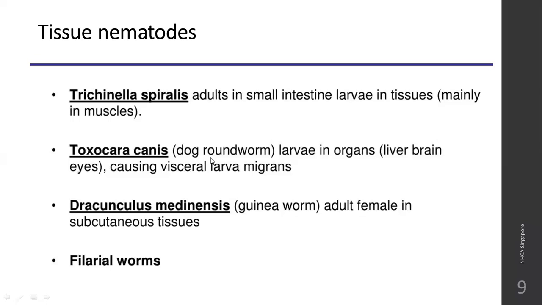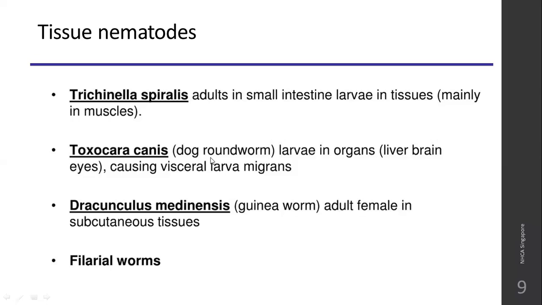Striated muscles of heart, eye, brain get encysted, and this larva can live up to 5 to 10 years. You need aspirin, corticosteroids, albendazole, mebendazole, thiabendazole. These medications are required to treat it.